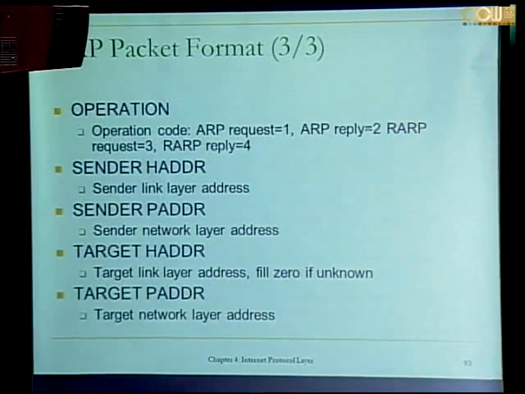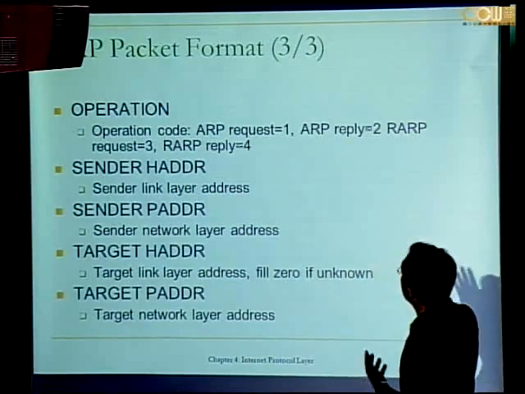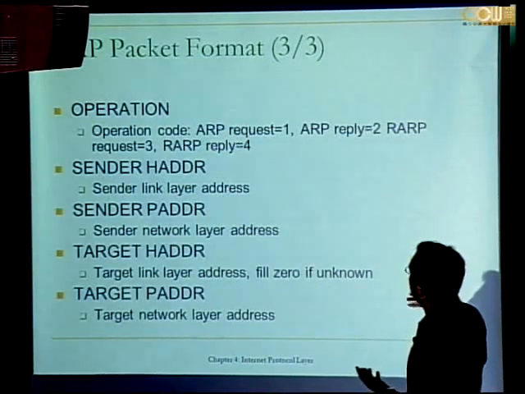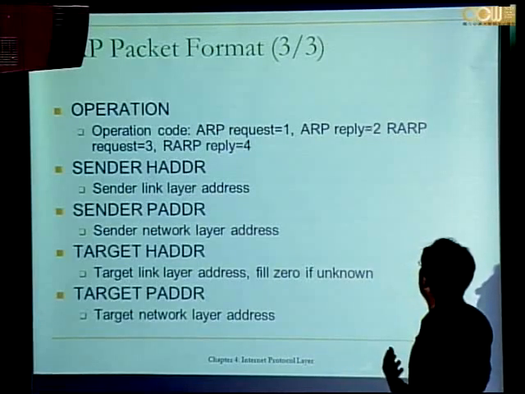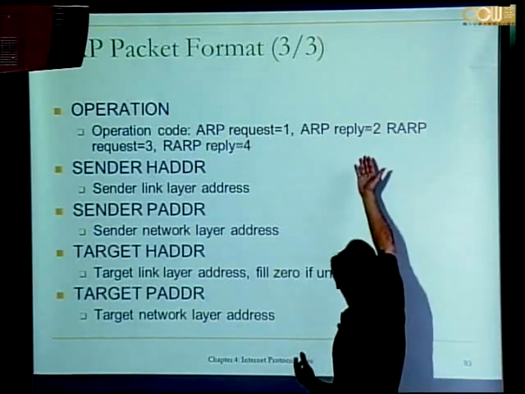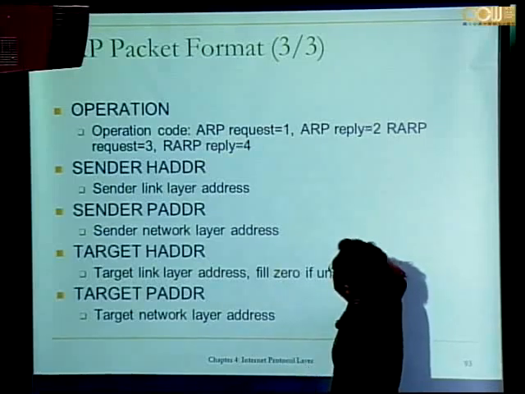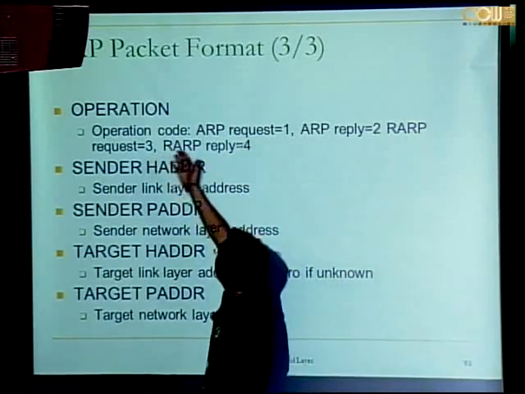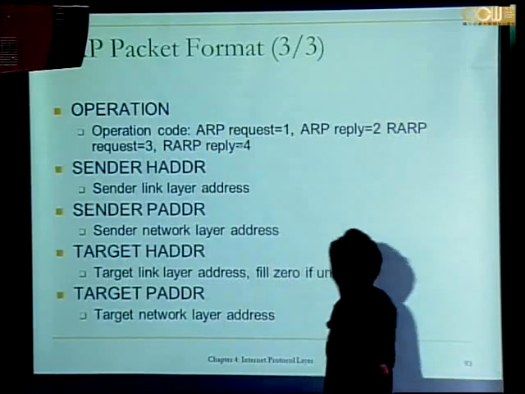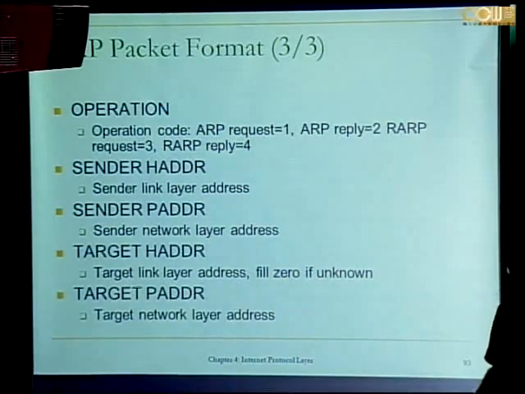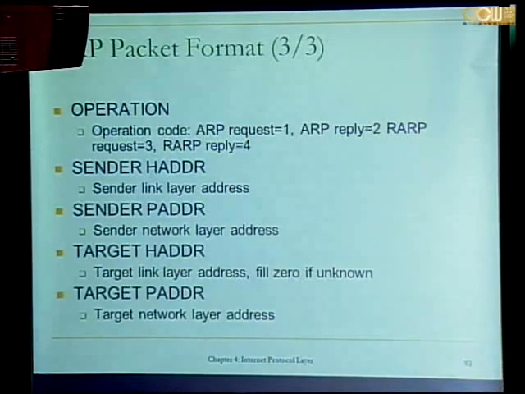And then if it's an ARP request, you fill in the operation as 1, or if it's an ARP reply, you fill in 2. If it's a reverse ARP request, it's 3. Reverse ARP reply, 4. Reverse ARP means now you know the MAC address, but you need to know the IP address.